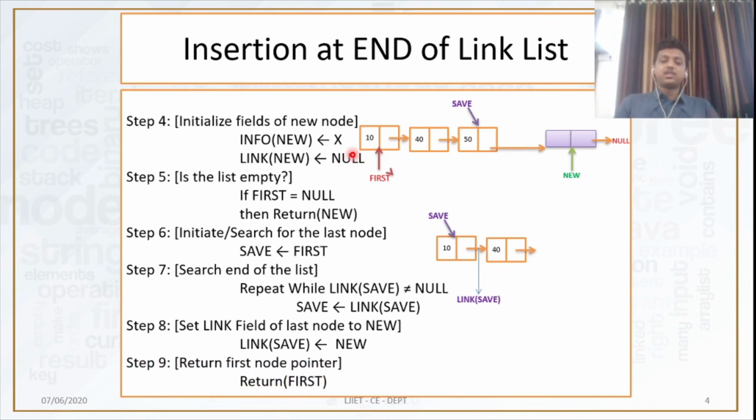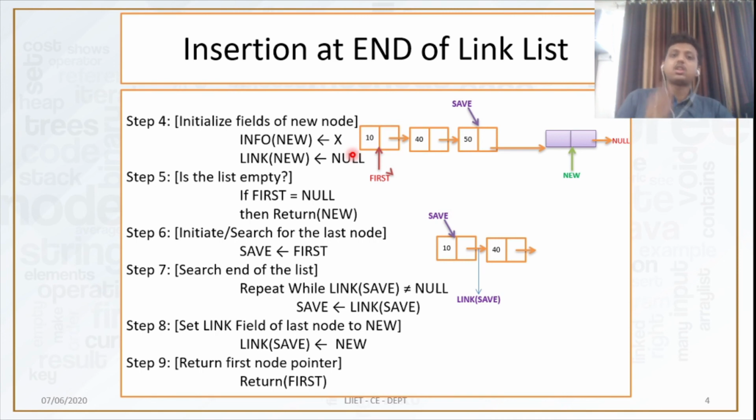Clear? See students, moving the save pointer from the first node to the last node of the list is known as traversing in the linked list. Traversal means an operation on any data structure in which we get access to each and every data element at least once.